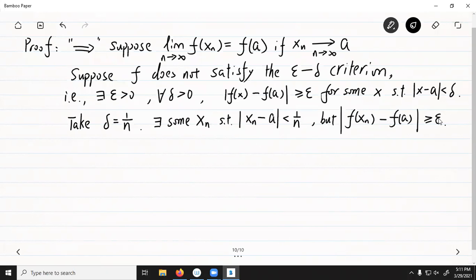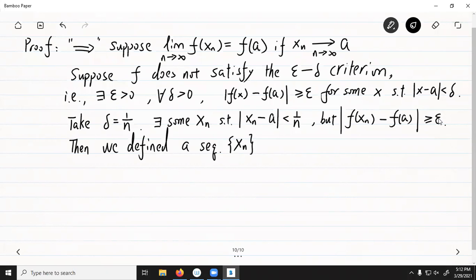Then from this choice, we can define a sequence xn.